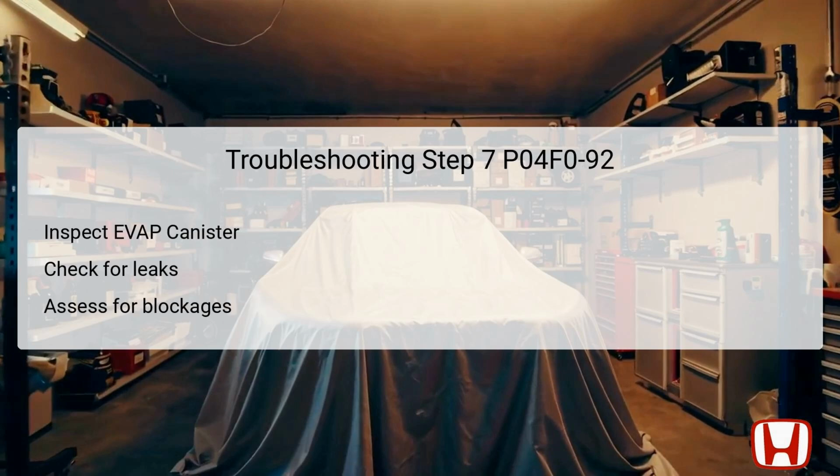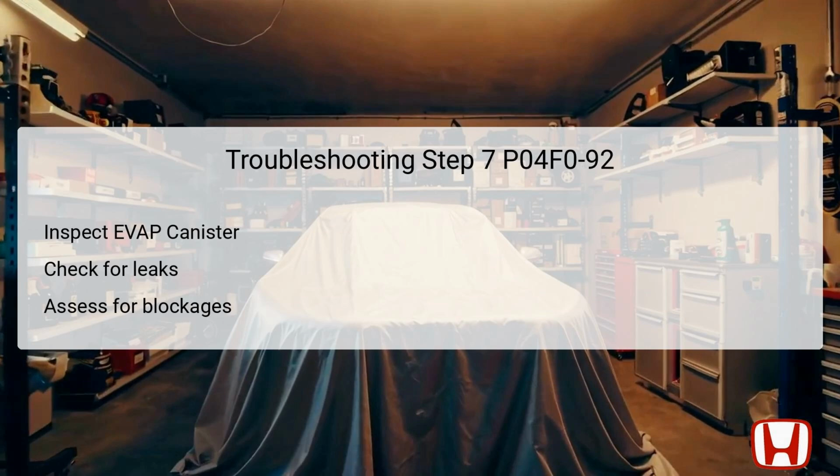In this step, the focus shifts to the EVAP canister itself. Begin the inspection by disconnecting the appropriate tubes and ensuring the drain tube and fuel vent tube are adequately plugged to prevent any additional leaks. Utilize a vacuum gauge to assess the canister for any signs of leakage or blockage.